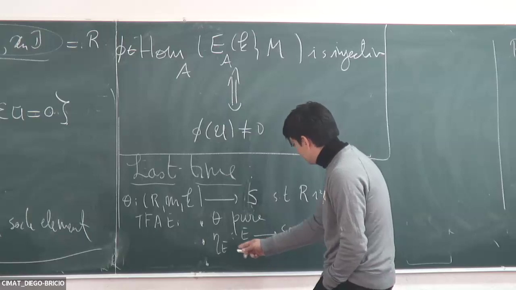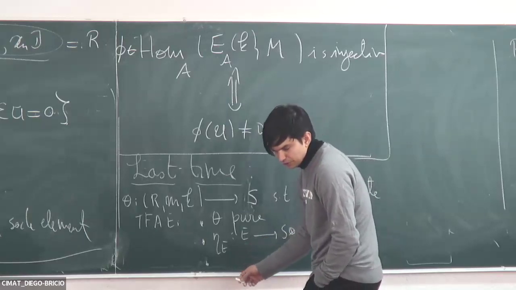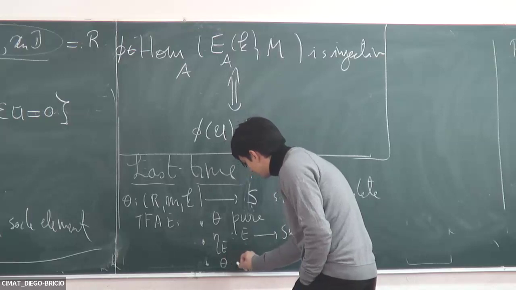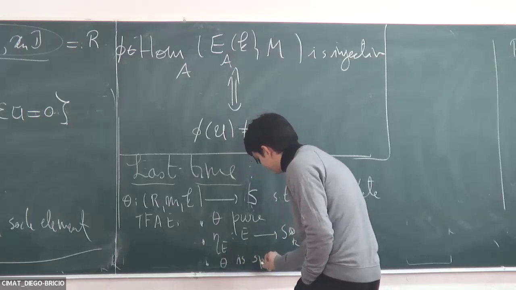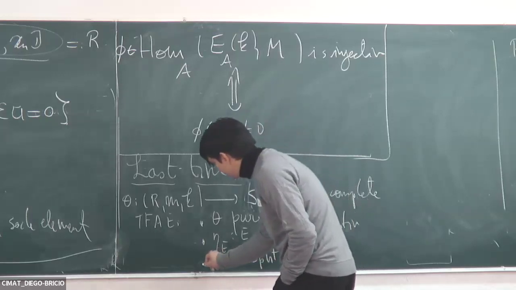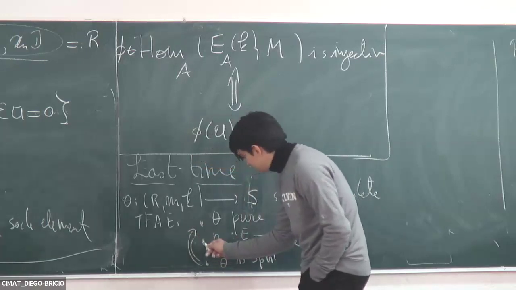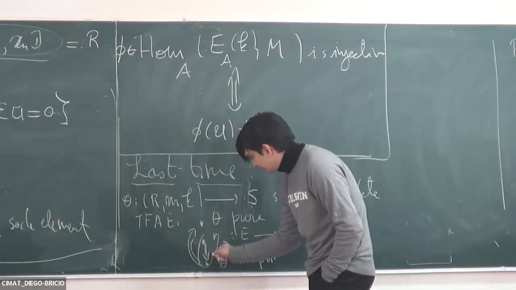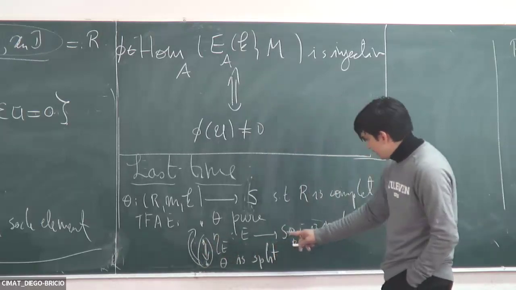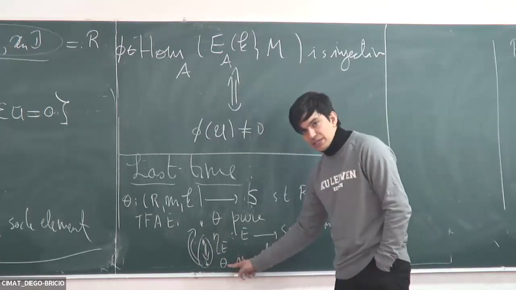And the third condition we had is that theta is split. So this direction here is obvious, but the amazing one is this one: just because eta E is injective, theta has to split.